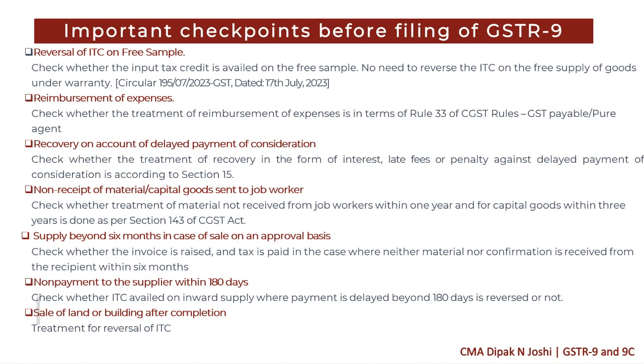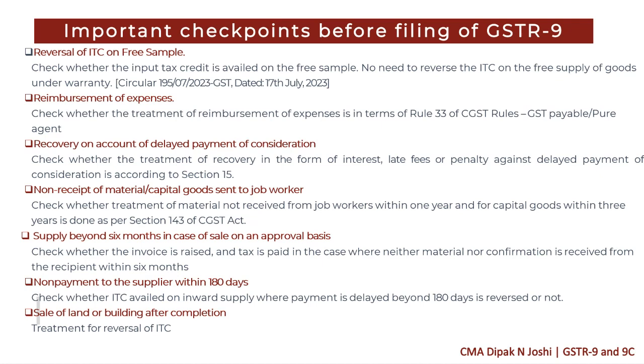And you will never find these kinds of transactions in your return. So one should be very careful, before filing GSTR 9, he should check all these exceptional items and the impact of such exceptional items which are considered by the registered person. So let's go one by one.